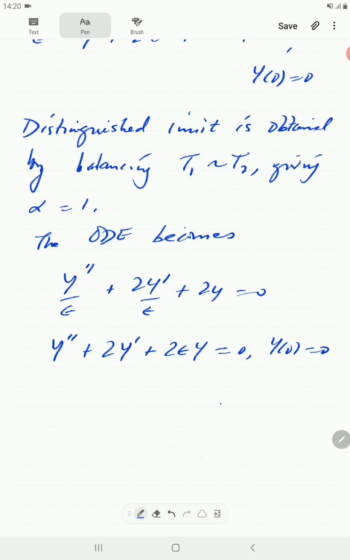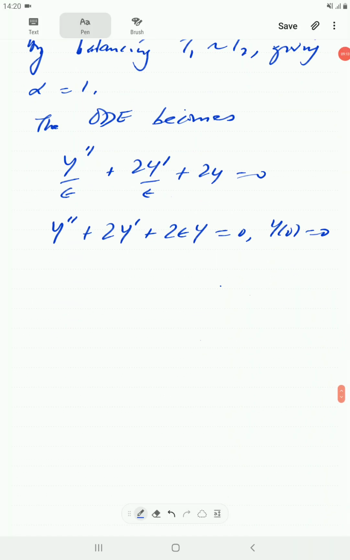And then we look for a regular perturbation expansion inside this rescaled problem. So we seek Y equals Y naught plus epsilon Y1, etc.